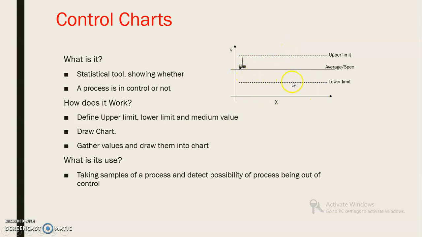So this shows that we need to set the machine, because suppose there are jigs and fixtures and we are tightening the screw, we are clamping, right? There are clamping devices, and if they become untightened, then we need to set that particular machine, that clamp, so it will come to this level of average. So this is the control chart.